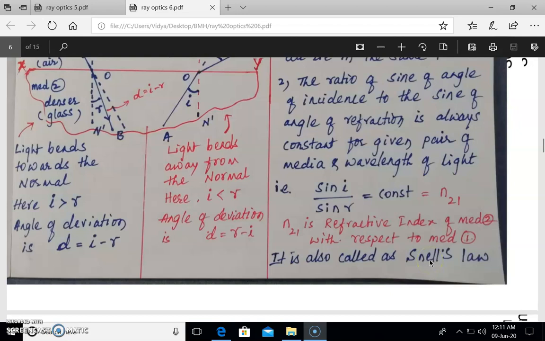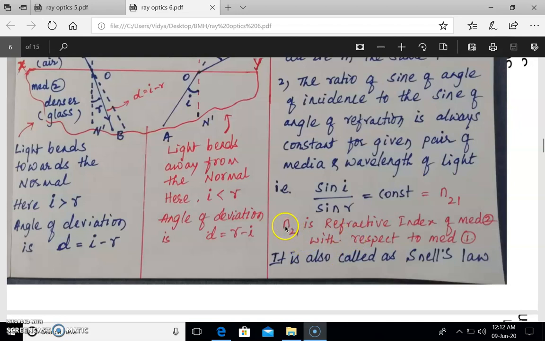Let me define Snell's law. For a given pair of media, for a given wavelength of light, the ratio of the sine of angle of incidence to the sine of angle of refraction is always a constant quantity denoted as n21, which means the refractive index of the second medium with respect to the first medium.